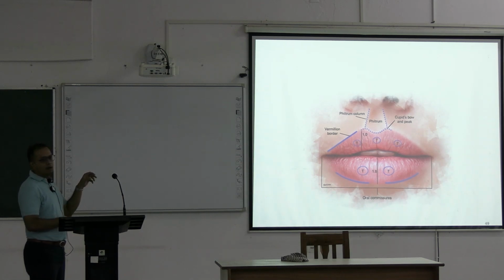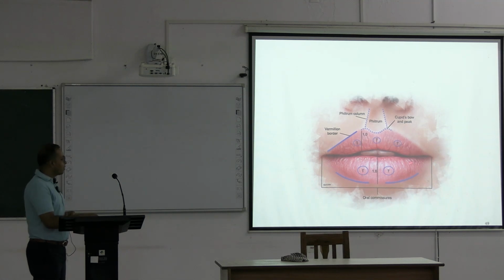The upper lip has three components, right vermilion border and left vermilion border, intervened by the midline tissue we call the philtrum. That is why the upper lip differs from the lower lip. The lower lip only has the right and left vermilion borders fused, and we do not have any fusion mark there.